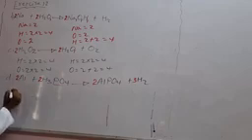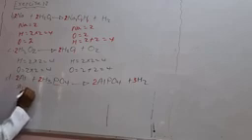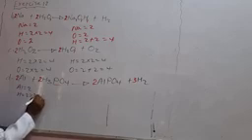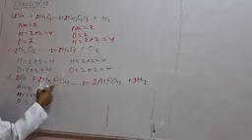Therefore, now the aluminum is equal to 2, hydrogen 2 times 3, 6, phosphorus 2 times 1, here 1, 2 times 1 is equal to 2, oxygen 2 times 4.